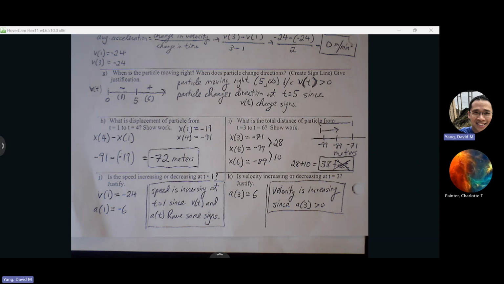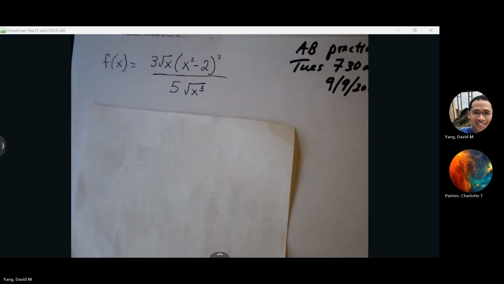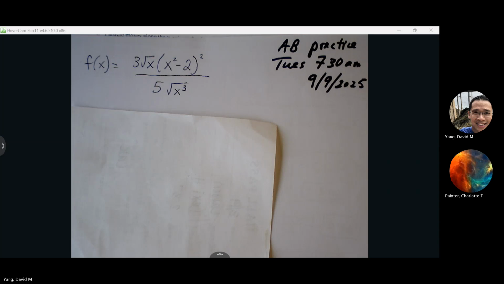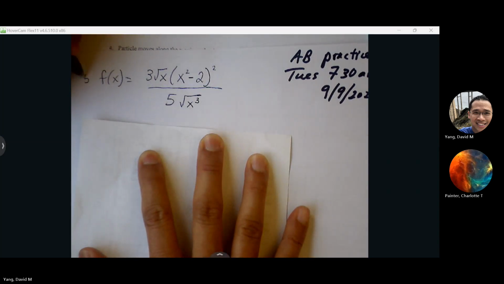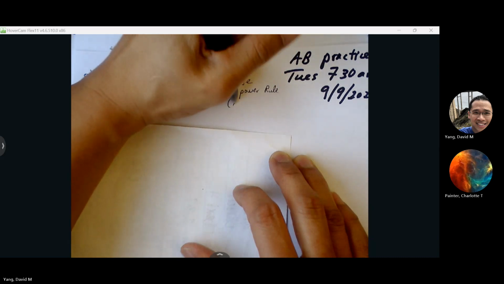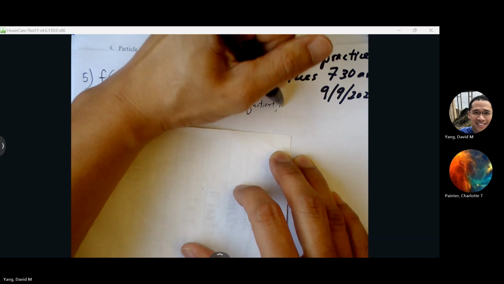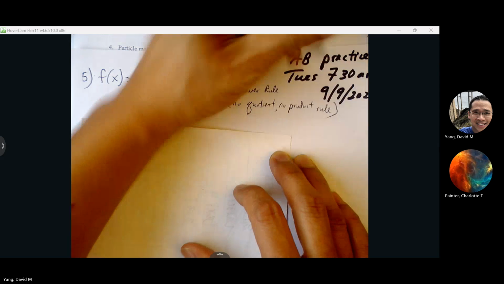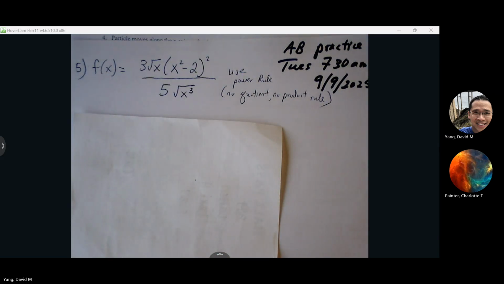If you can just find another sheet of paper and copy that down on the board. Take the time to expand your numerator.